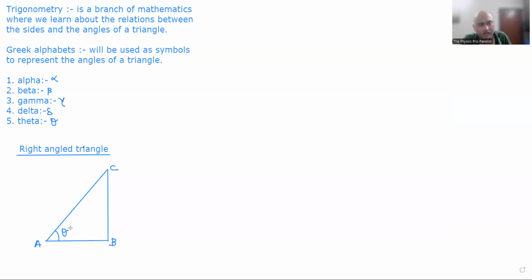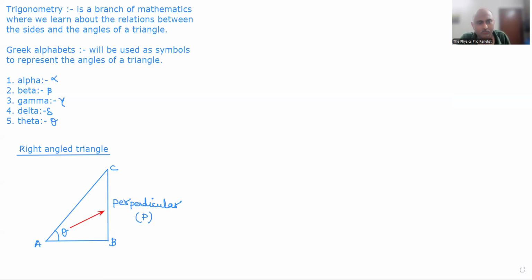Which side is opposite to angle theta? Side BC is opposite to angle theta. It is called the perpendicular for this triangle. The side opposite to angle theta is called the perpendicular when we use theta. समझ आया बेटा? When we use theta, BC will be perpendicular.